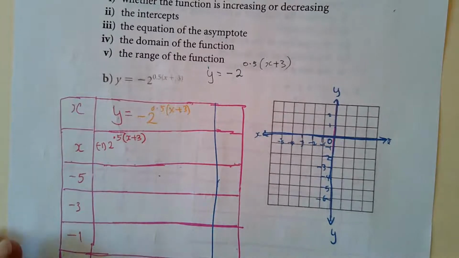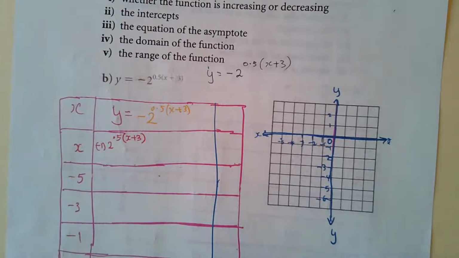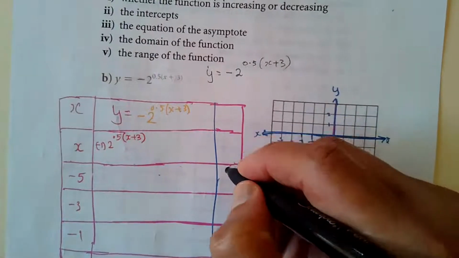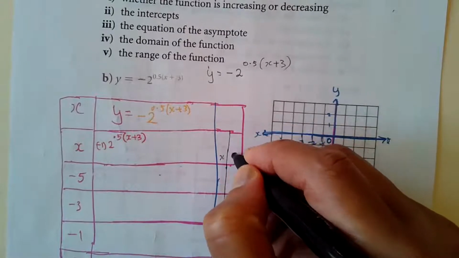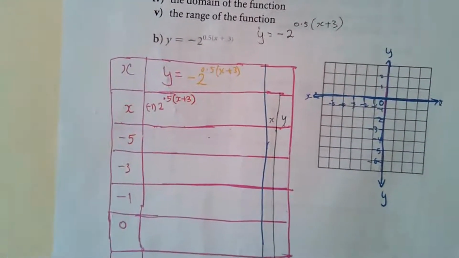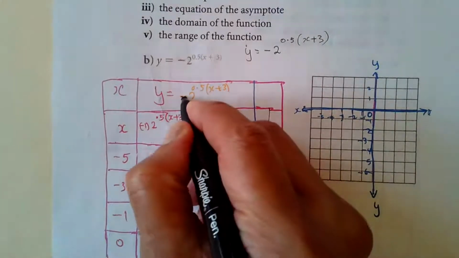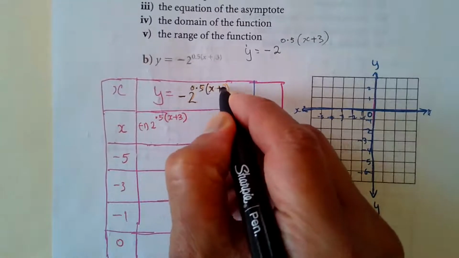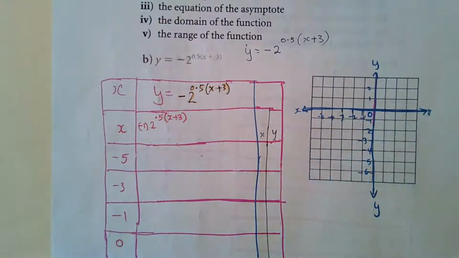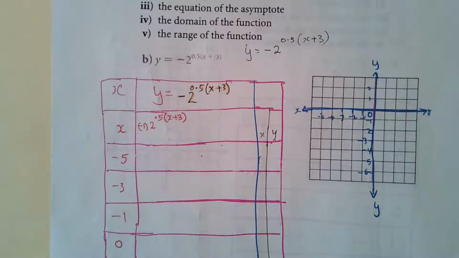Now, to expedite things here, I've already created a grid. And this would be my new x and y. I've created a grid. And notice I've written 0.5 x plus 3, so it looks much clearer. I selected a few values for my x coordinate, and this is where the trickier part can come in.